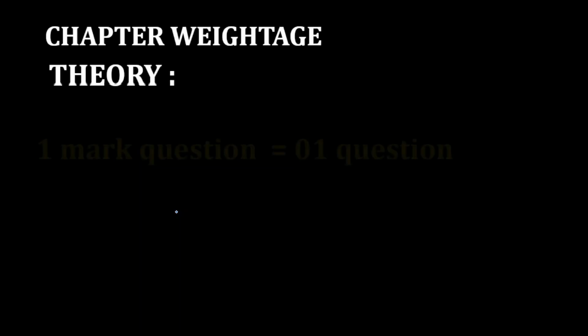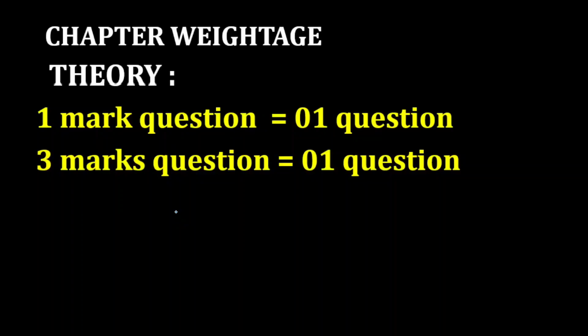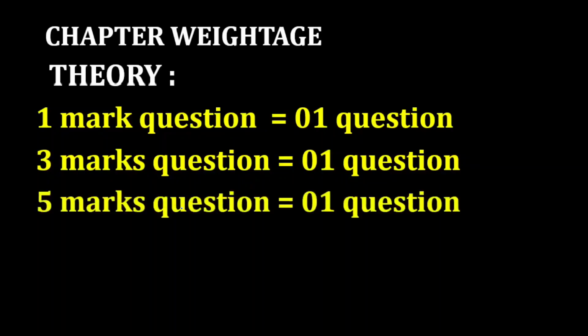So, chapter weightage. We'll discuss theory as well as Karnataka CET. For 1 mark questions, most probably one multiple choice question will be asked, sometimes two. For 3 marks, one question, and similarly for 5 marks, one question will be asked from this chapter as far as theory is concerned.